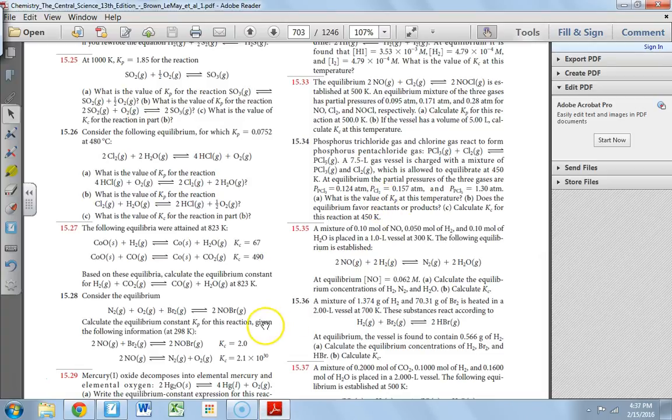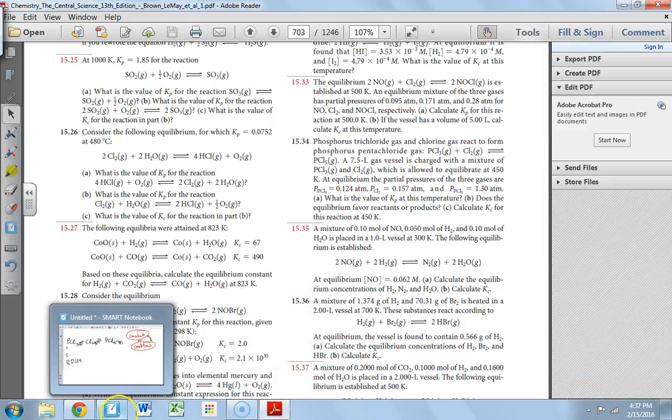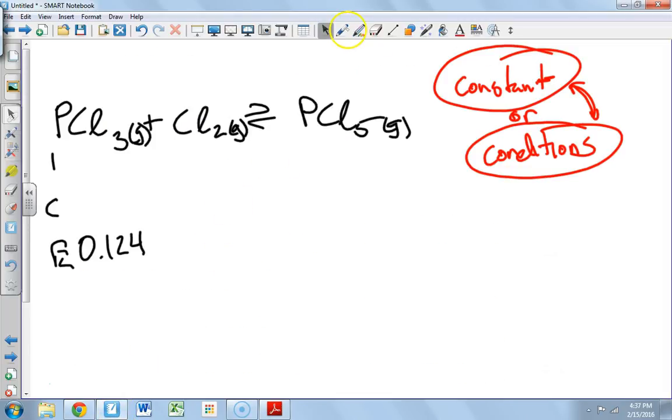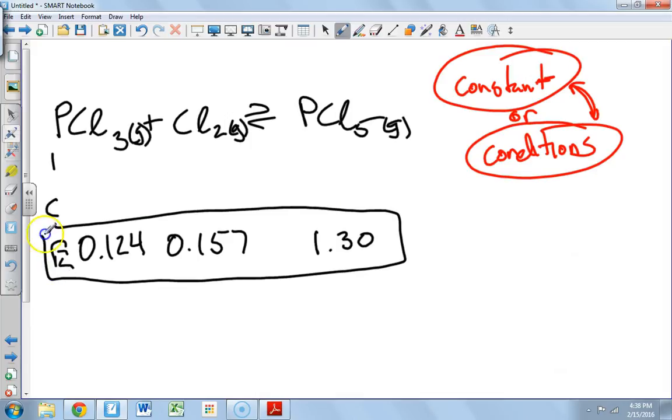How do I know it's at equilibrium? It says right there, equilibrium. The pressure of chlorine at equilibrium is 0.157, and 1.30 for PCl5. This is the information we need in order to calculate Kp.